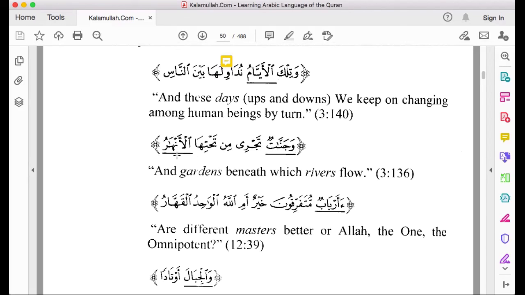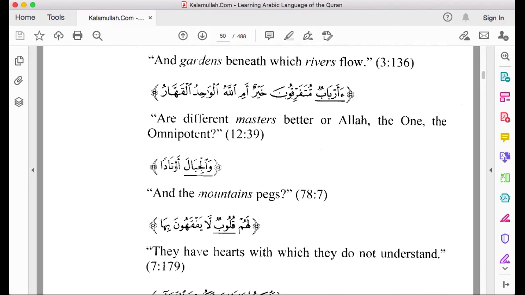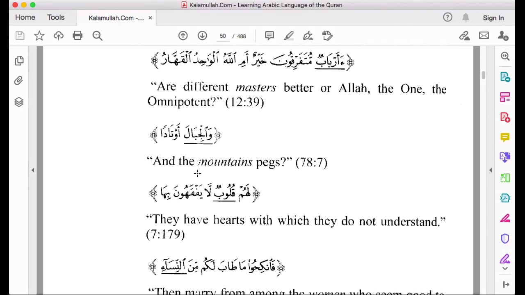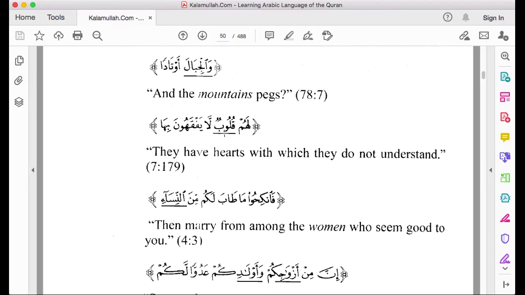Now this one is anhar. We just looked at that earlier. Nahrun, anharun. We also looked at arbab a little bit earlier. We looked at jibal, jabalun, jibalun. Qalbun is heart, and this is the plural, qulub, qulubun. It's following certain patterns that we looked at.